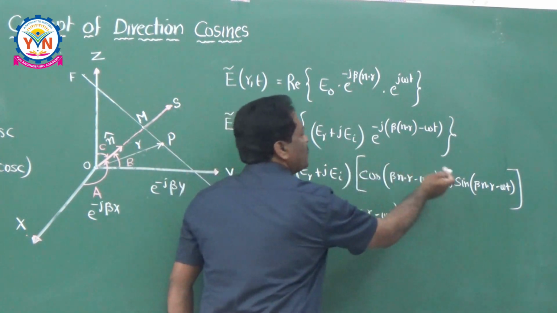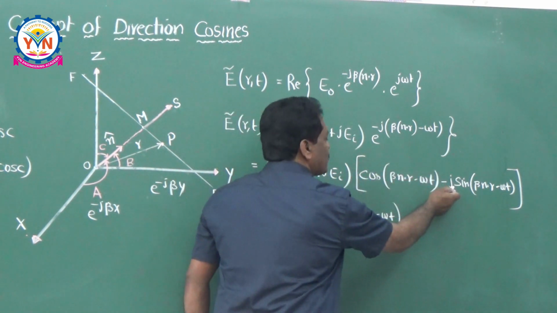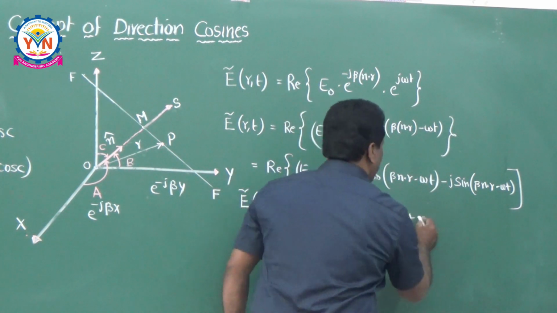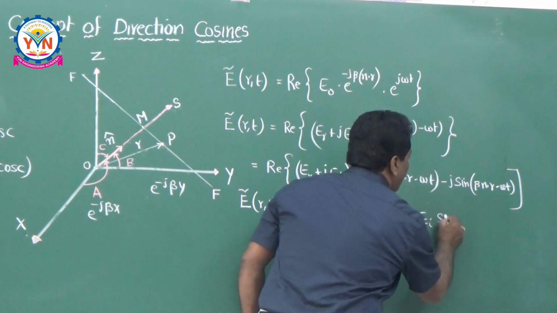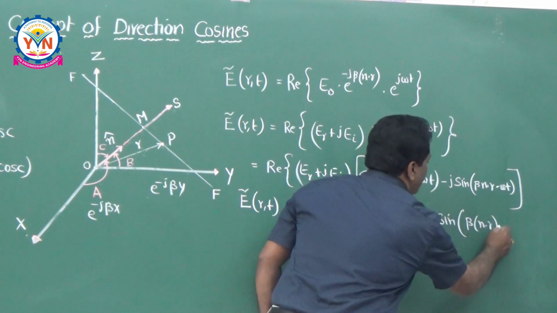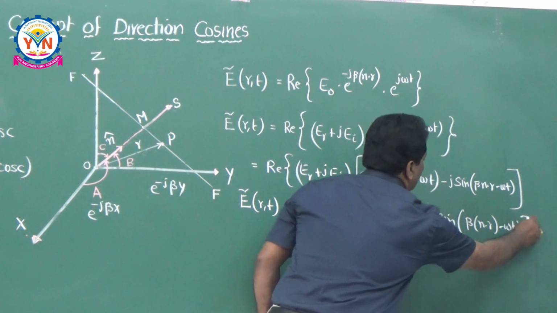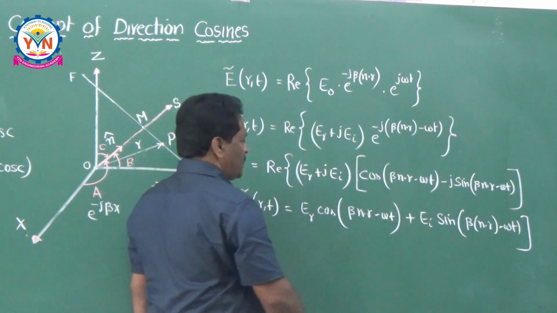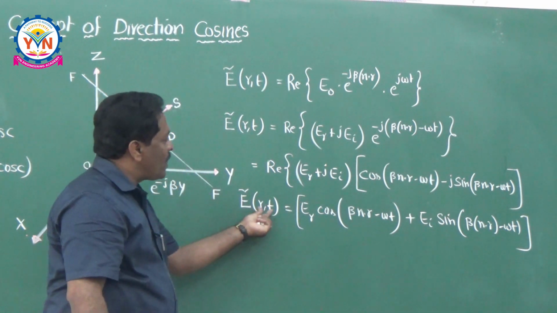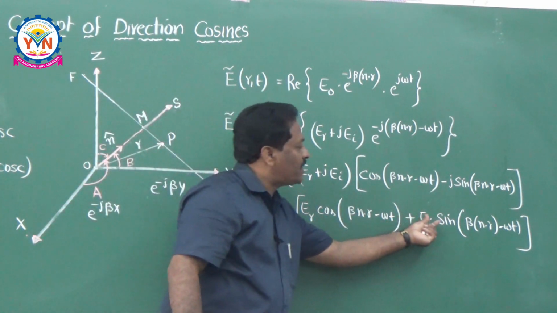The last one is nothing but real. J into j means j square is minus 1, so plus ei sin of beta n dot r minus omega t. So this is the way of writing this equation. So E cap of r comma t is the final equation.